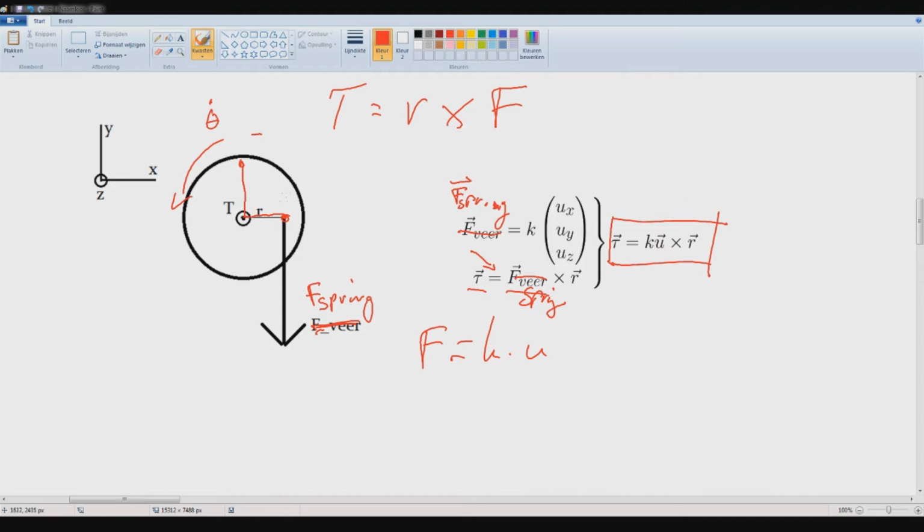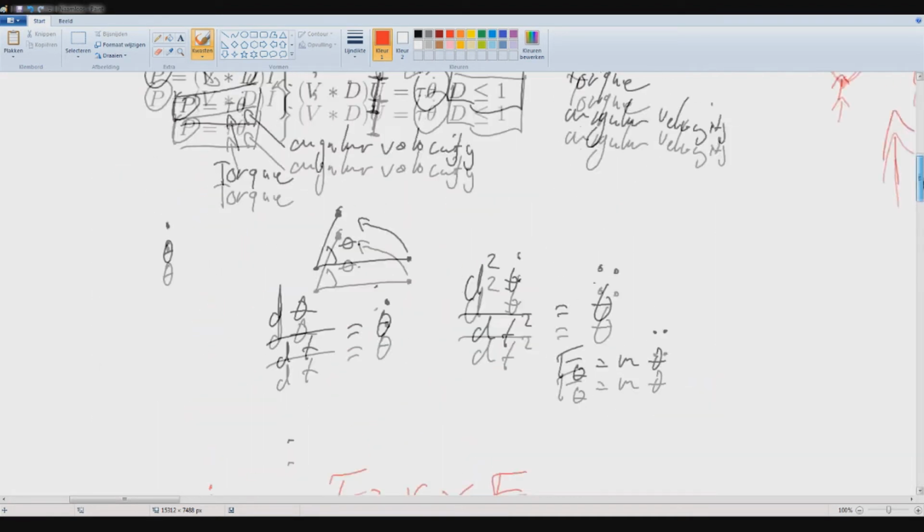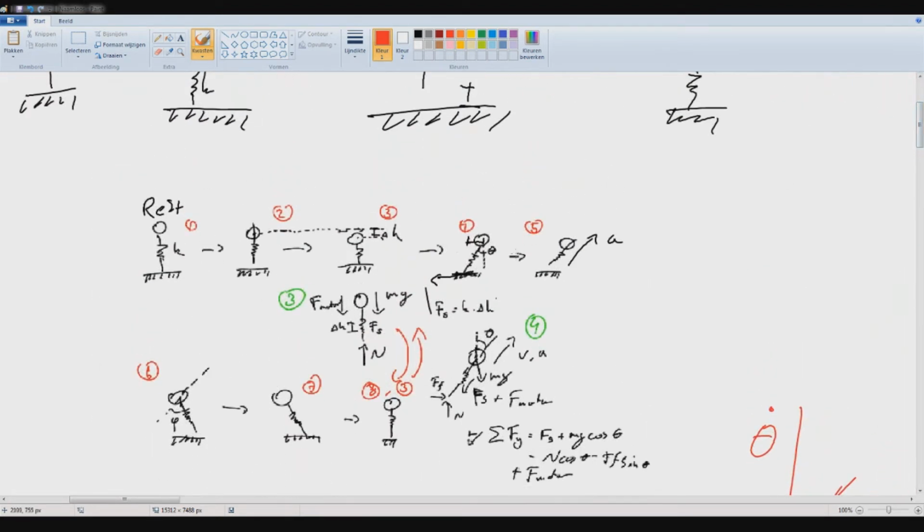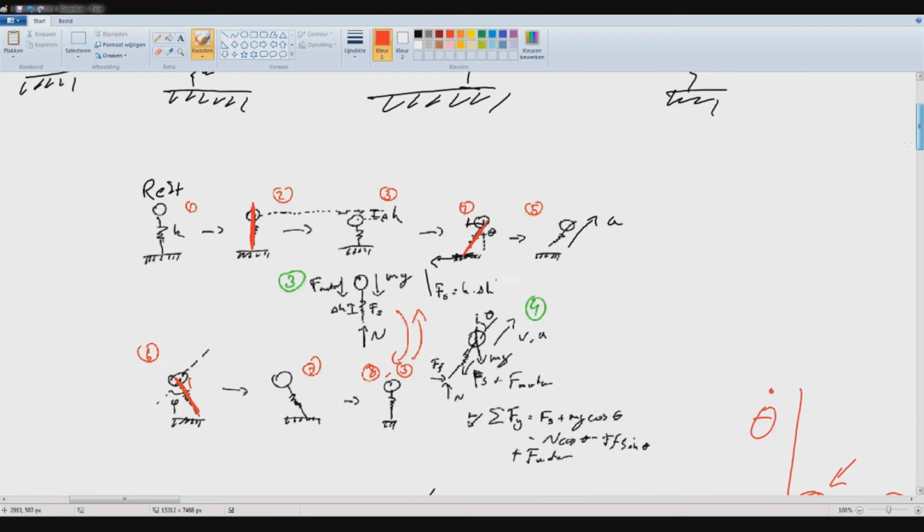And mostly this torque is in the direction of the displacement, and it will vary as you saw in this motion diagram, because at the moment the displacement is in this way, and then it is in this way, and sometimes in this way. So here we have an x displacement, and in here we have a y displacement, and here we also have a y displacement.